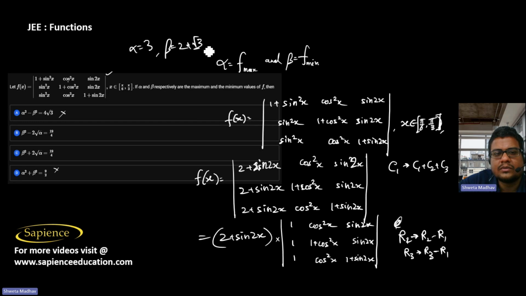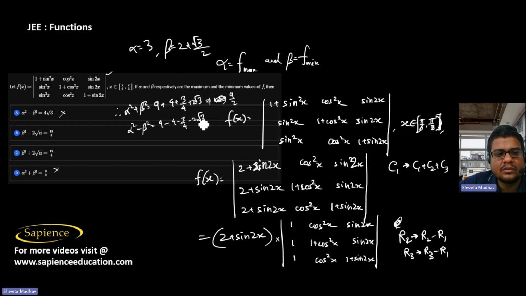So alpha is 3 and beta is 2 plus root 3 by 2. So now alpha square plus beta square will be equal to 9 plus 4 plus 3 by 4 plus 2 root 3. So this is not equal to 4 root 3. Similarly, alpha square minus beta square will be 9 minus 4 minus 3 by 4 minus 2 root 3.